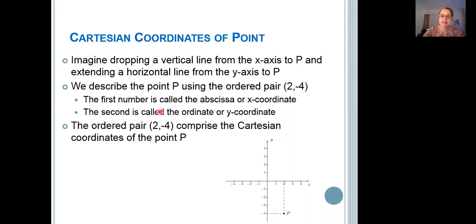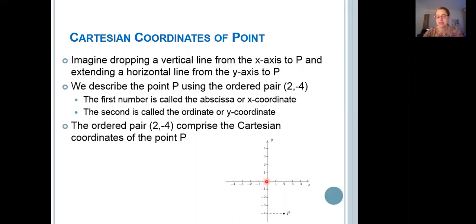Now, let's think about how we orient ourselves on this plane. We've got two number lines, each of which has a name. If we talk about how far over we are one way or another on the x-axis, that'll tell us how far we are from our crossing point. We call our crossing point the origin.